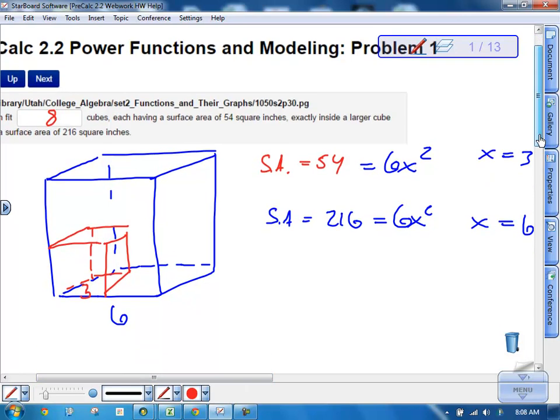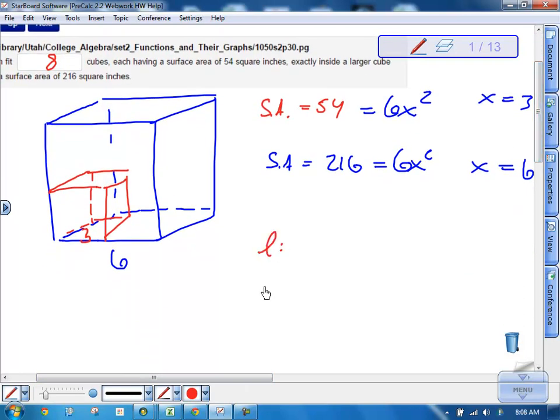All right, another way to do this problem is look at the ratios of length, area, and volume. So if the ratio of length is a to b, the ratio of area is a to b squared, and the ratio of volume is then a to b cubed.